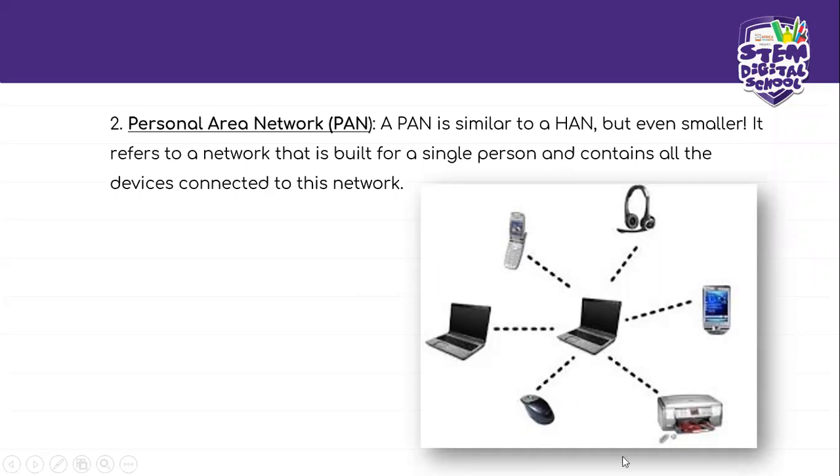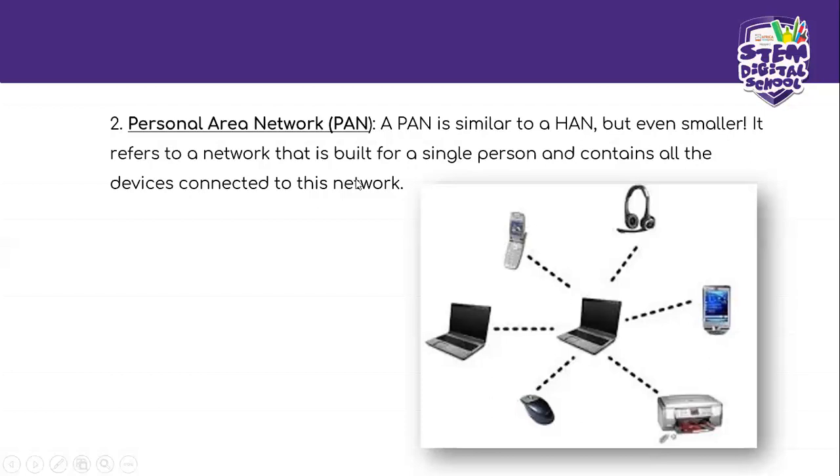These things might belong to a single person. Yes, they do belong to a single person. So this laptop, mouse, cell phone, headphones, looks like they belong to someone.